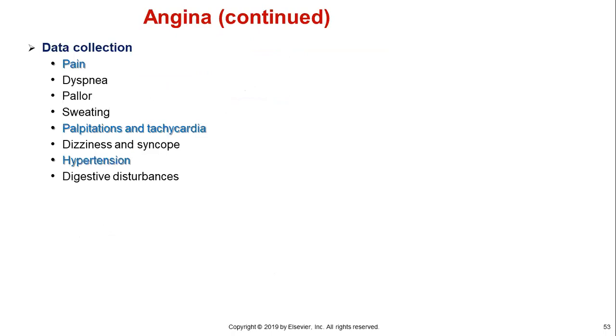So what are the signs and symptoms of angina? Usually chest pain, and definitely we have to evaluate the nature of the pain, radiation of the pain, the consistency of the pain, then shortness of breath, dyspnea, pallor because oxygen supply is less, sweating or diaphoresis, palpitation and tachycardia, right?